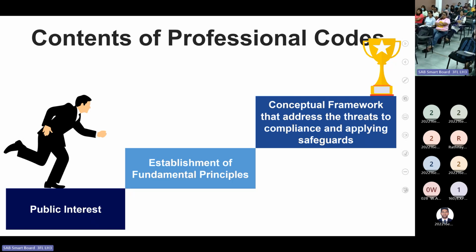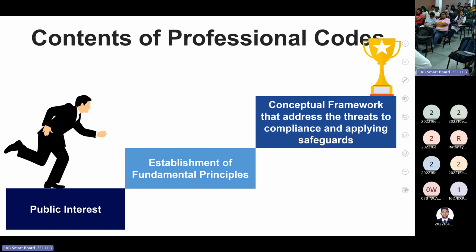public interest. When you are going to make the professional code, it needs to be acceptable by the public. So that is the first, public interest. Next one is you need to establish the fundamental principles.